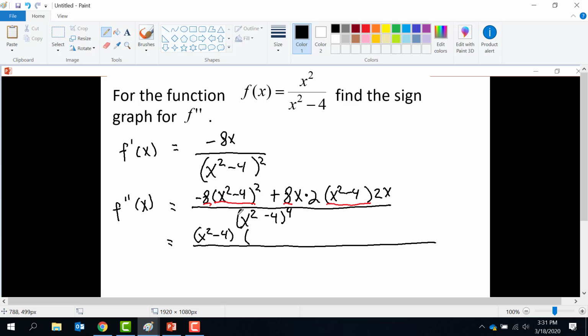And what's going to stay behind is, I'm sorry, we're also going to take out the 8 since they both have an 8. And then what that's going to leave behind is the negative in front of the x squared minus 4, which will make minus x squared plus 4. And from this, we'll have left 4x squared.